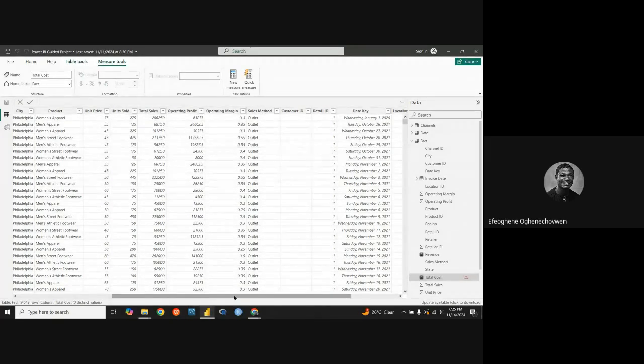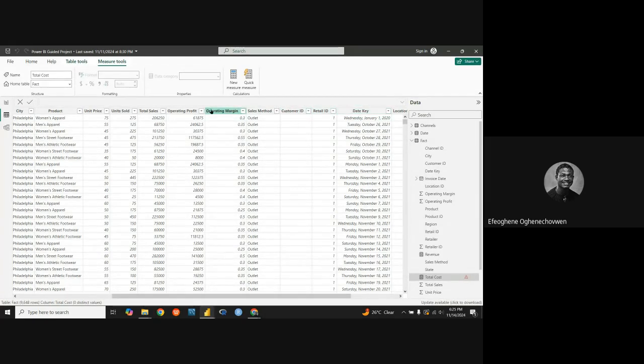So I just want to create the total cost, which I want to use as my key performance indicator. I only have total sales here, which is indicated by my revenue. So in order for me to get the total cost as a measure, I'm going to create a measure that holds my total profit.